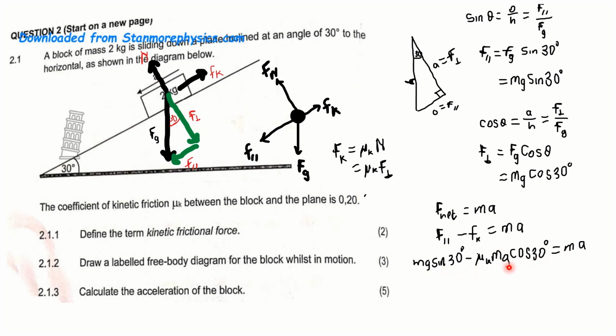Sin 30, cos 30, we can press the calculator and find those values. What about this m? It's also going to be 2 because we are given. So that's how we substitute. When you substitute, you subtract. Here we have 0,2 mg cos 30. Then you say it's equal to 2a. From there, you press a calculator and solve for a, and you will find the answer for a being somewhere around 3.2.